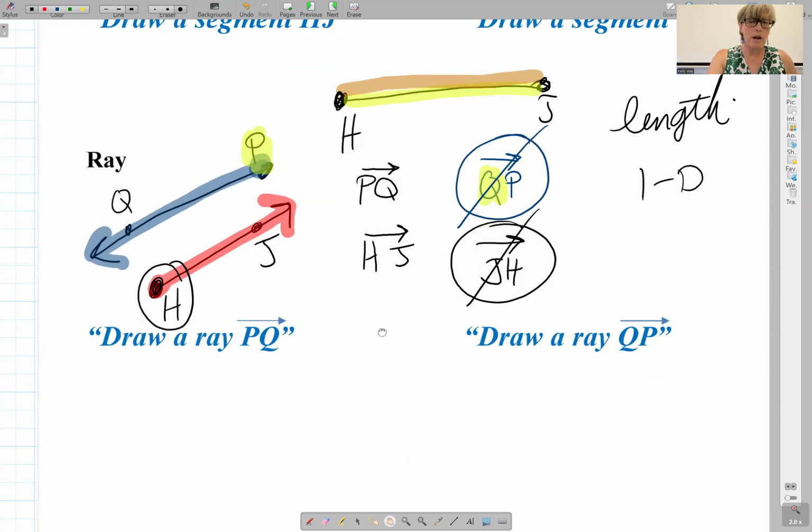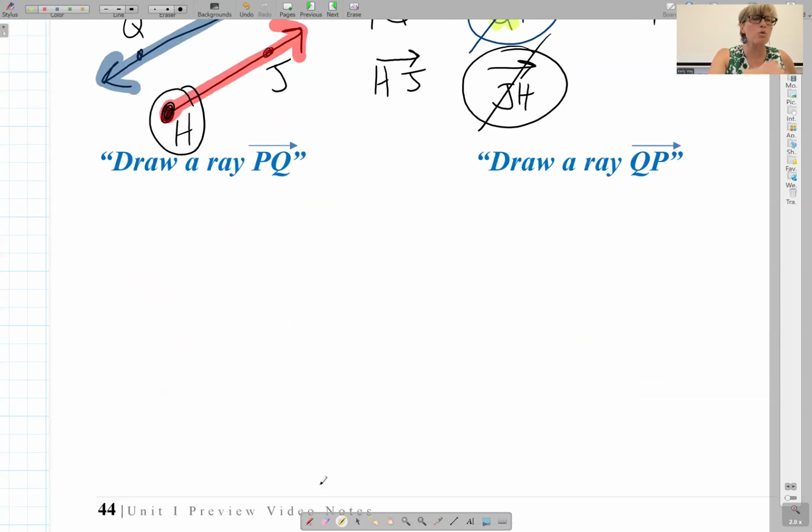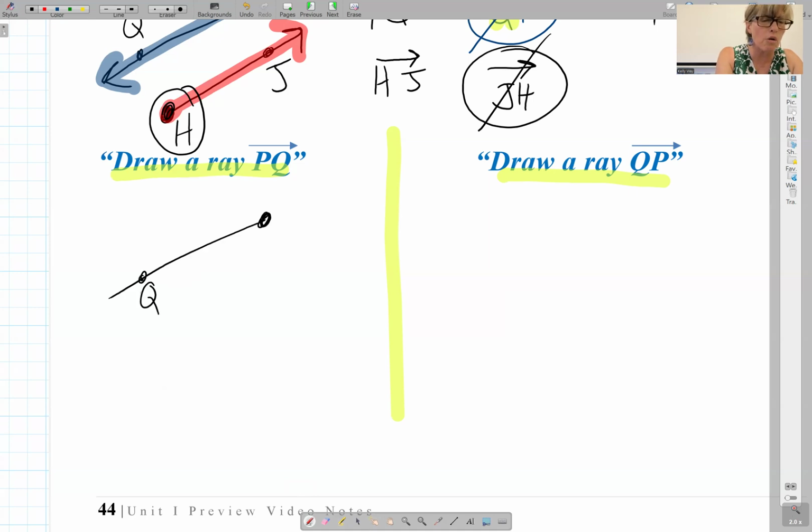All right, ready. I'd like you to try these two on your own. You're going to draw ray PQ. You're going to draw ray QP. Ready? 10 seconds. All right, PQ, P must be the endpoint, Q must be the arrow point, or you could have gone the other direction, totally fine.